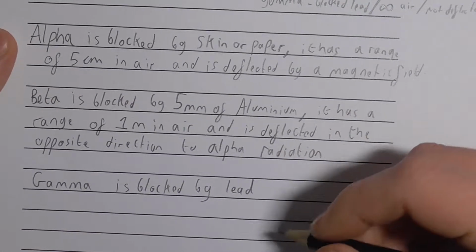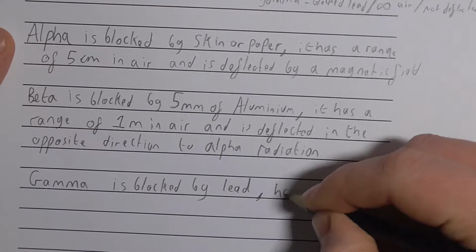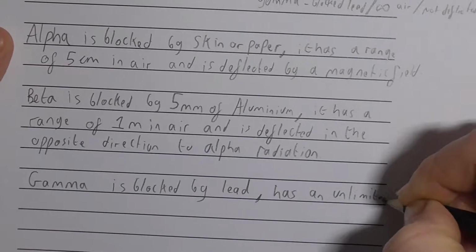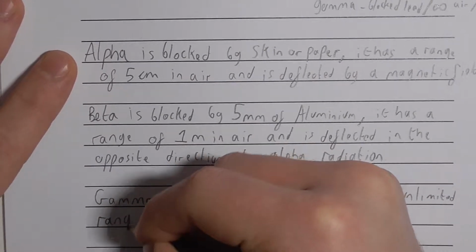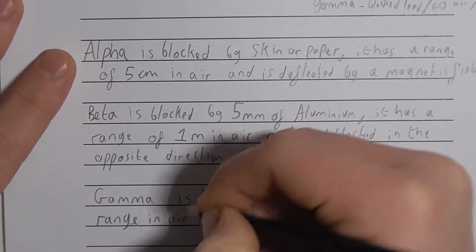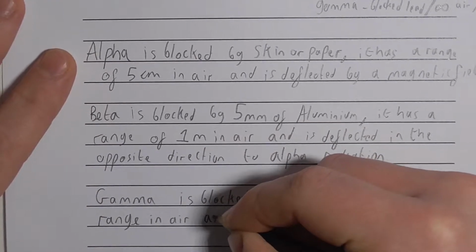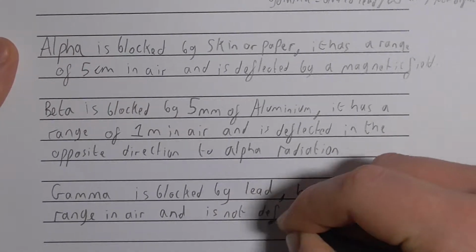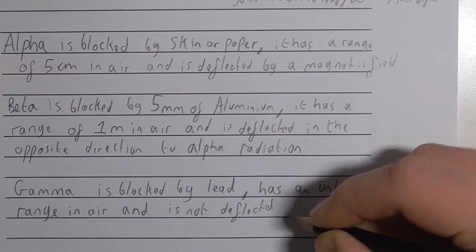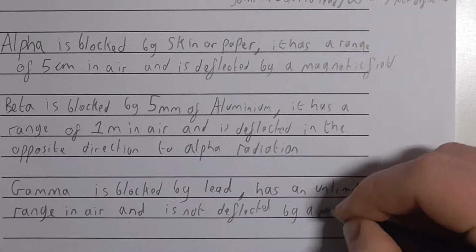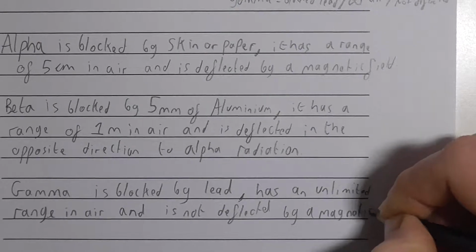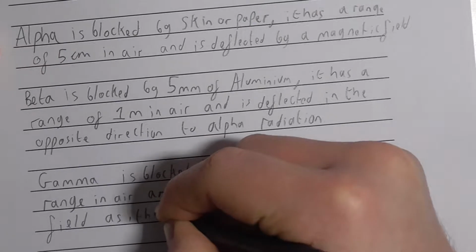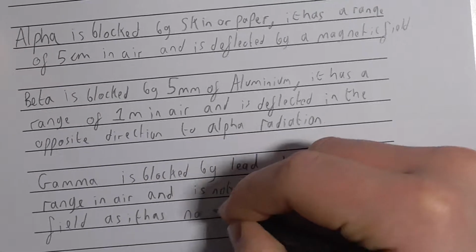You could also say thick concrete, comma, has an unlimited range in air and is not deflected by a magnetic field as it has no charge.